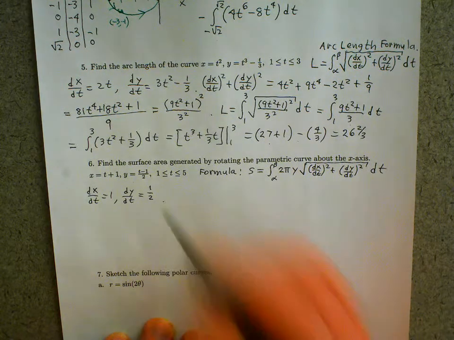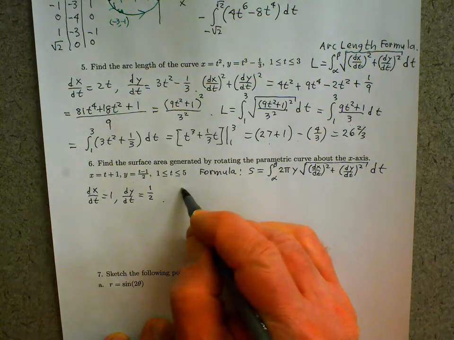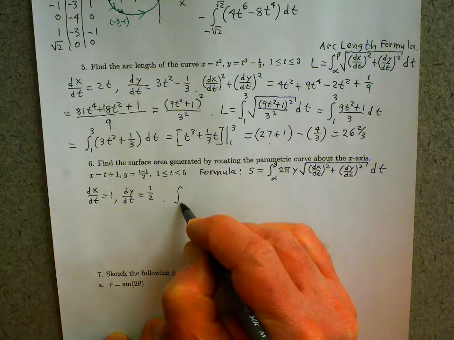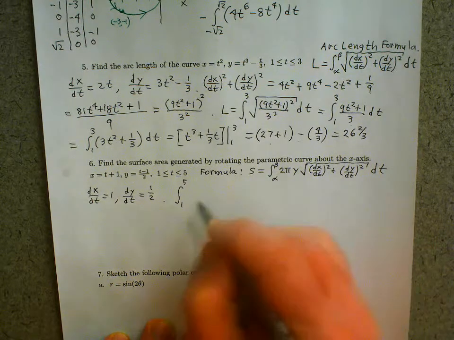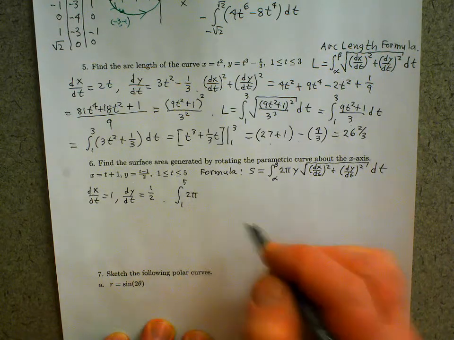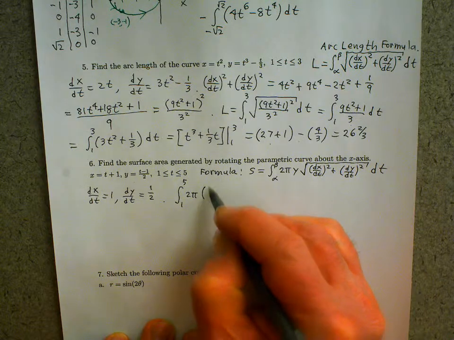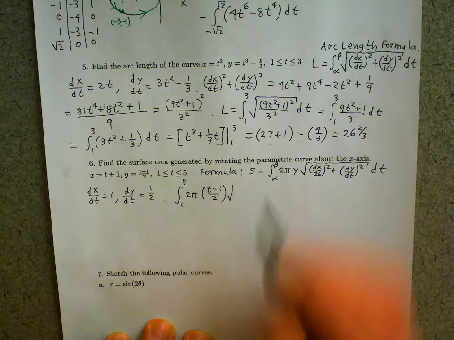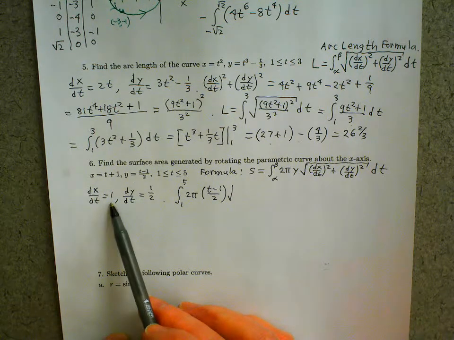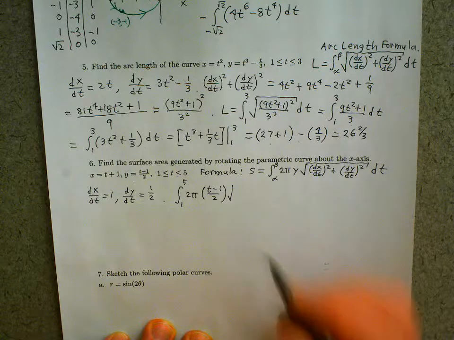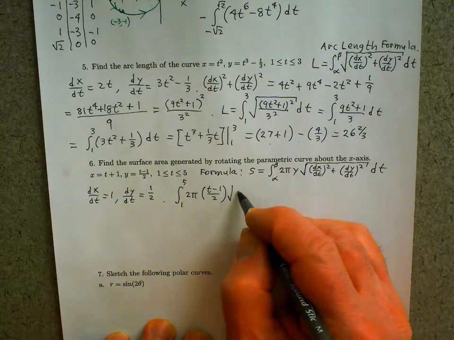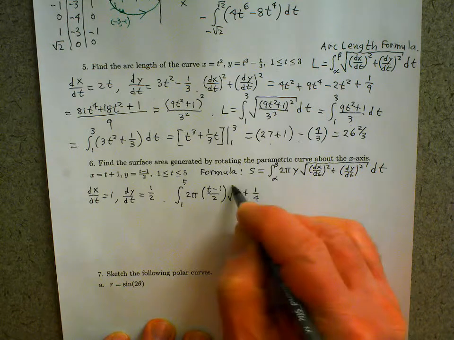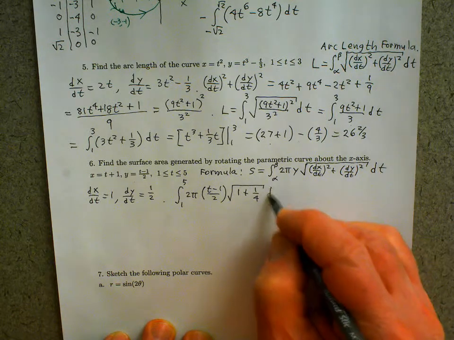So we can go ahead and write the integral for the surface area, from t equals 1 to 5, 2 pi times y. y is (t minus 1) over 2. And then we have the square root of 1 squared plus (1/2) squared, or 1 plus 1/4, dt.